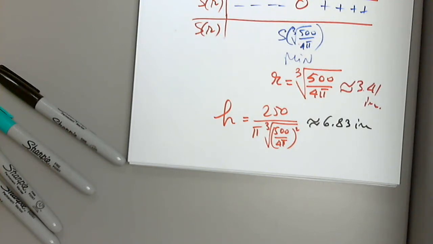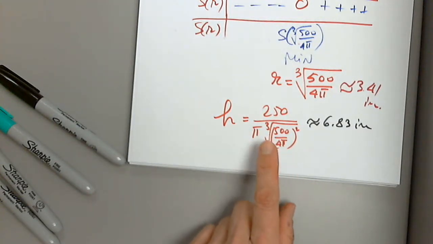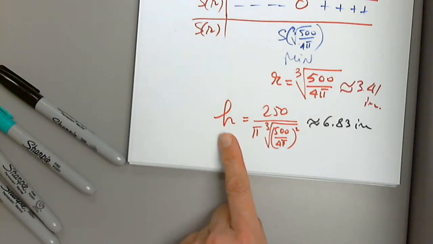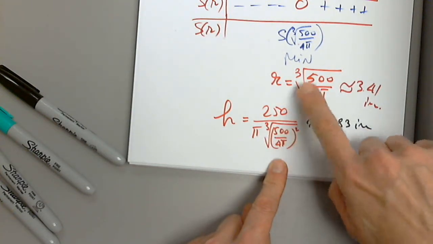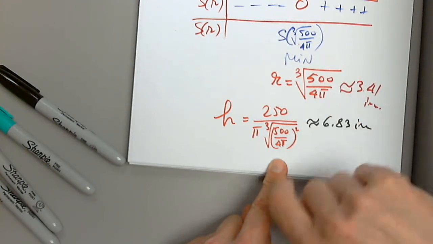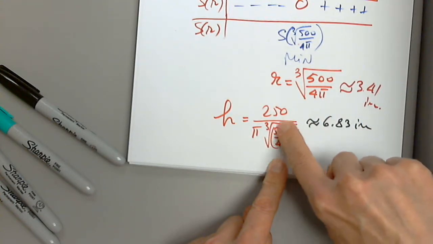No, I mean, that function, whatever, that was the original. Where's the 250 divided by pi? Where did that come from? This is the h, the height. Oh, yeah. So this quantity is this squared. So 250 over pi times r squared.